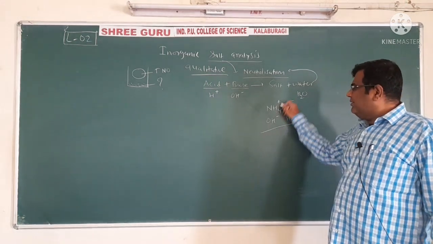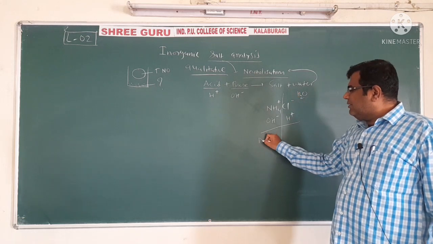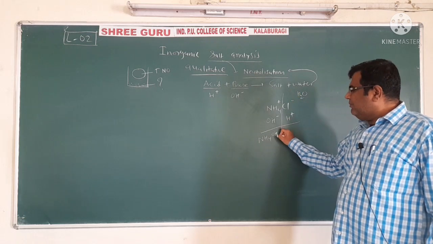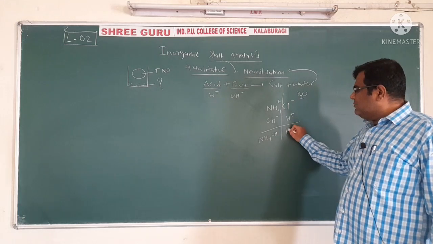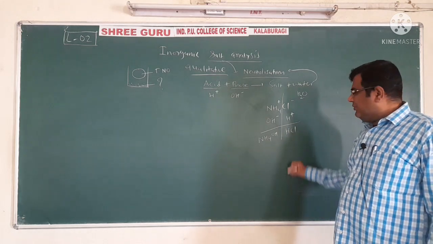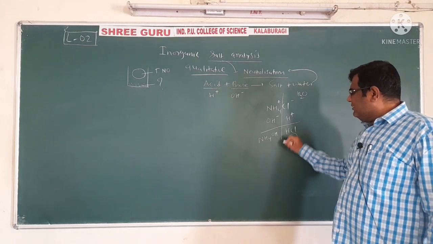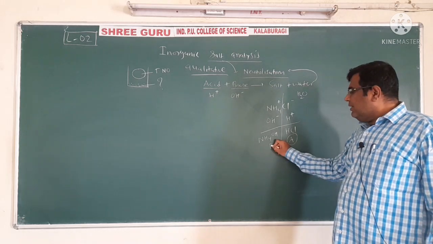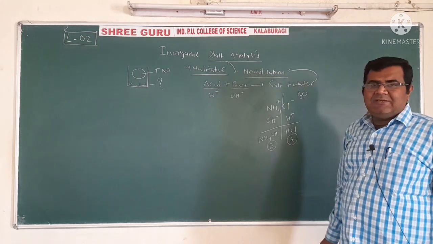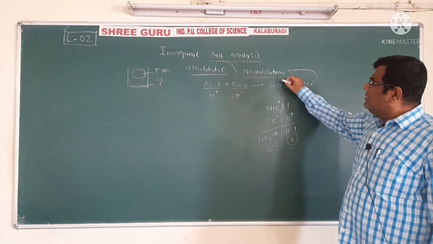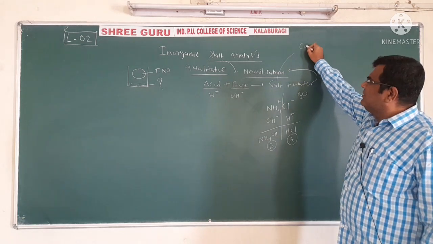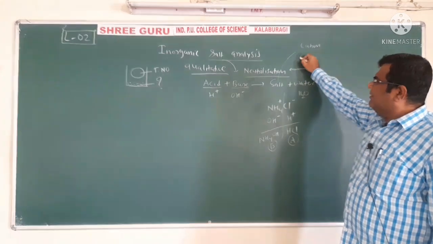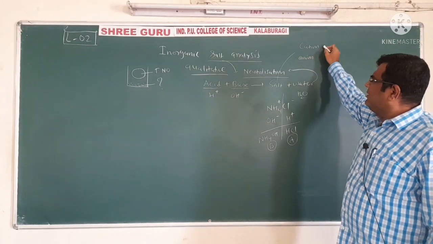Then if we add them together, it will be ammonium hydroxide, and this will be hydrogen chloride. We know that hydrogen chloride is an acid, and ammonium hydroxide is a base. So all salts contain one cation part and one anion part.